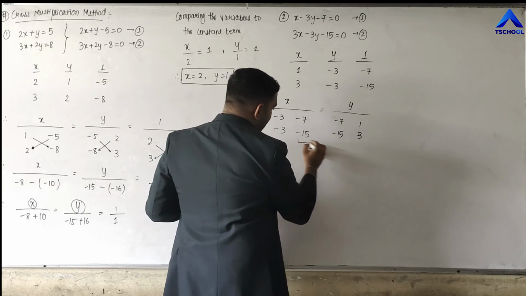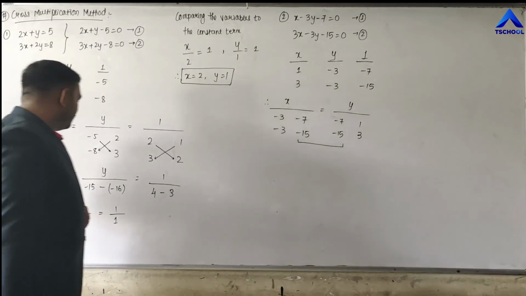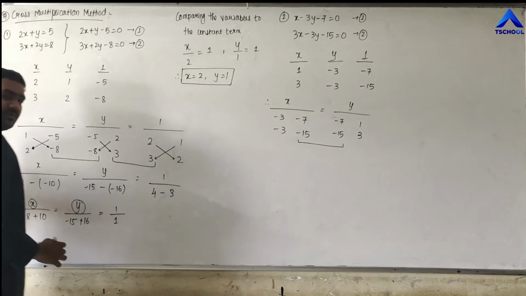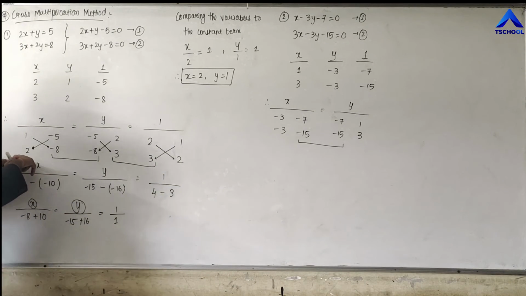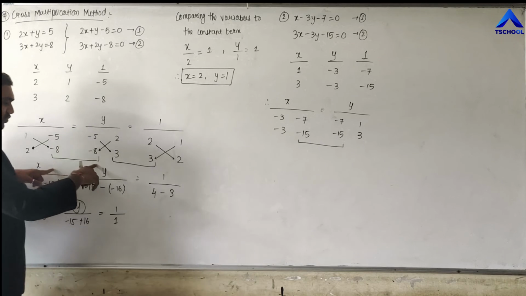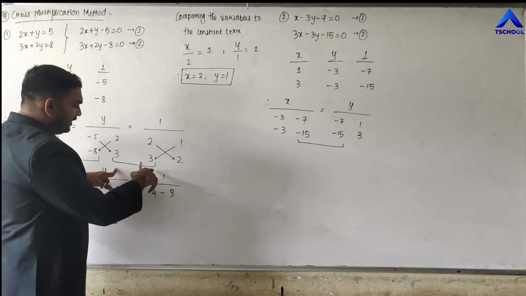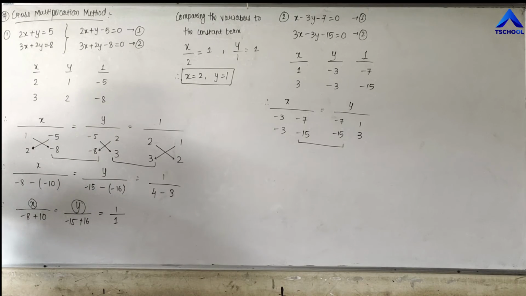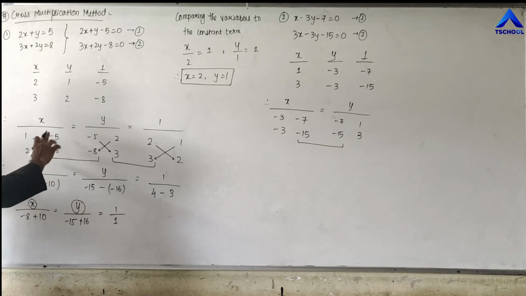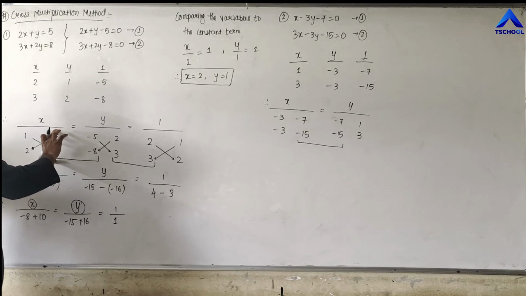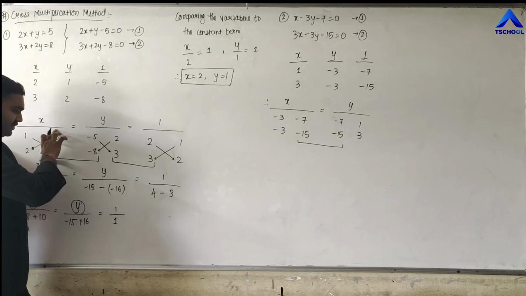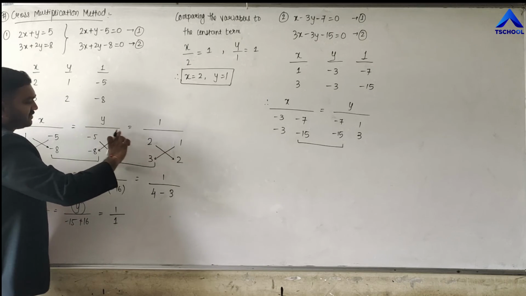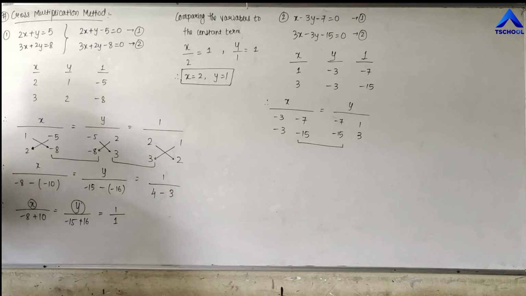Note that, friends, the adjacent pairs are the same. Beside the constant terms there must be the constant terms, and beside the coefficients of x we must have the coefficients of x.